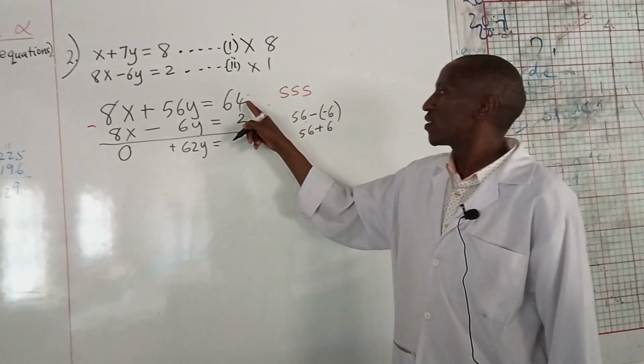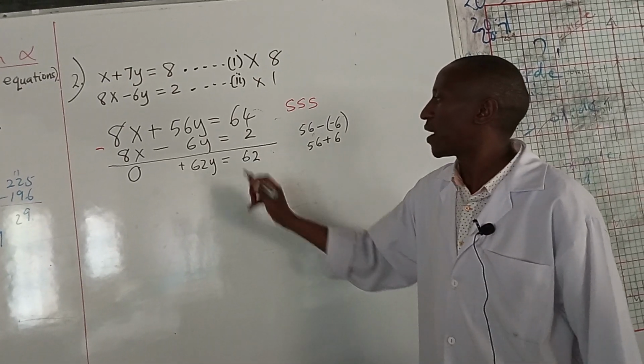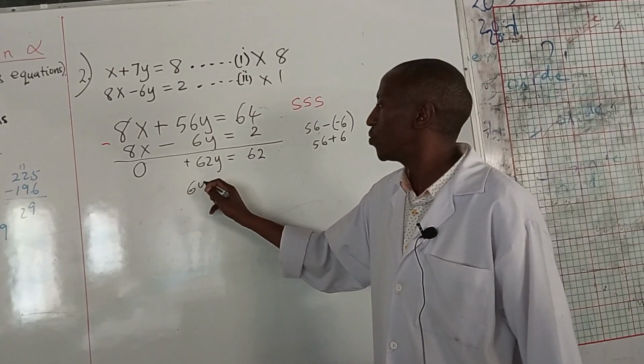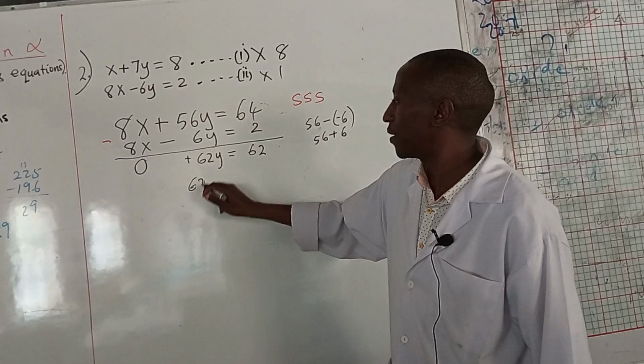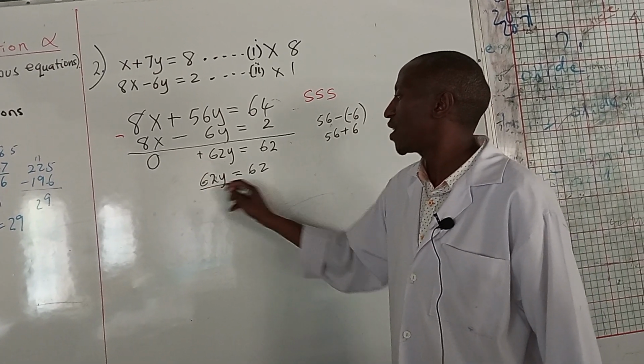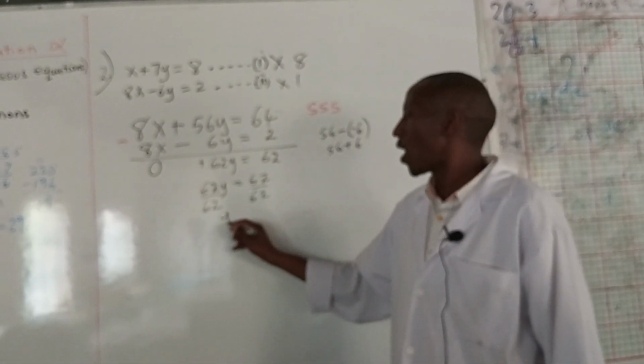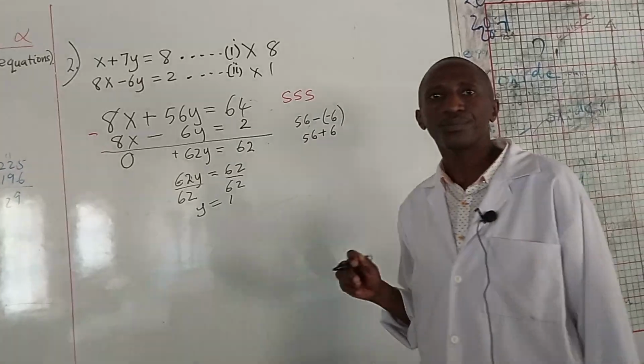So once more, 64 minus 2 gives you 62. And that gives us that 62y is equal to 62. Therefore, dividing both sides by 62, we get that y is equal to 1.